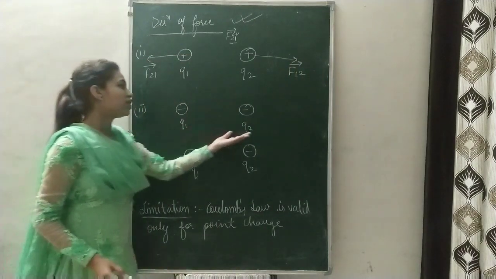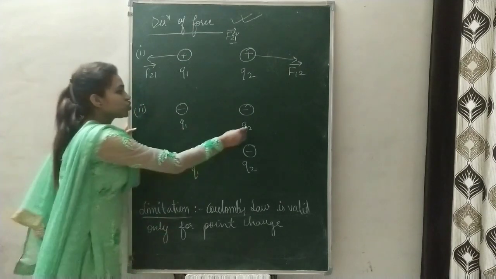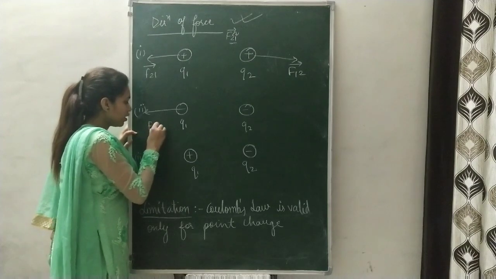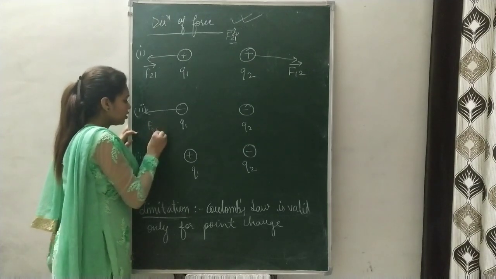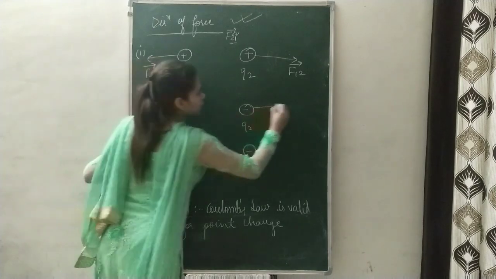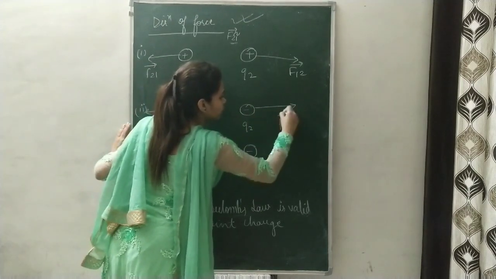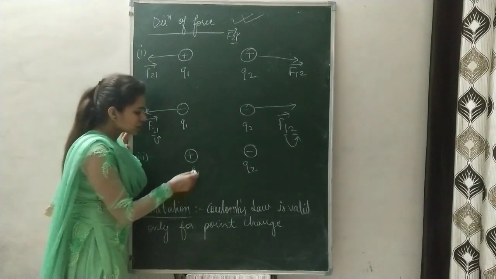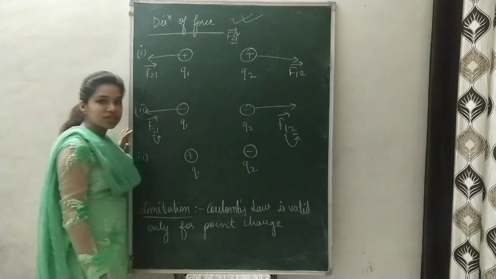Similarly, in this case, both are again like charges. Charge 2 is going to repel 1 in this direction, that is F21. Again this is force due to 2 on 1. And this is F12, force on 2 due to 1, so 1 is applying force on 2. Now in this case, charge 1 is positive and the other charge is negative.